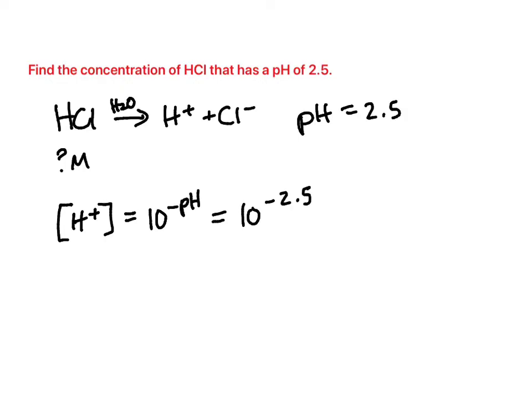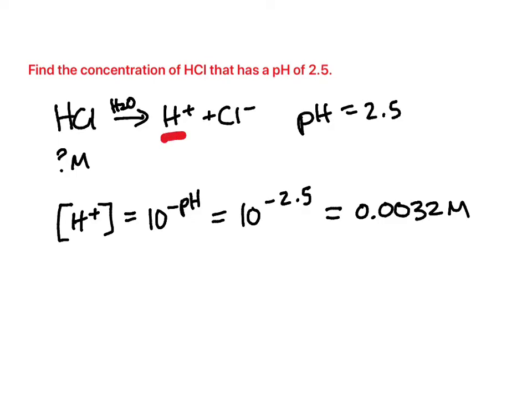So on your calculator, you can perform this by hitting the second button and then the log button, and that's going to give you 10 with a caret, and then you can type in negative 2.5. When you do that and then hit equals, you're going to get 0.0032 molar. So that is really the concentration of the hydrogen ion.